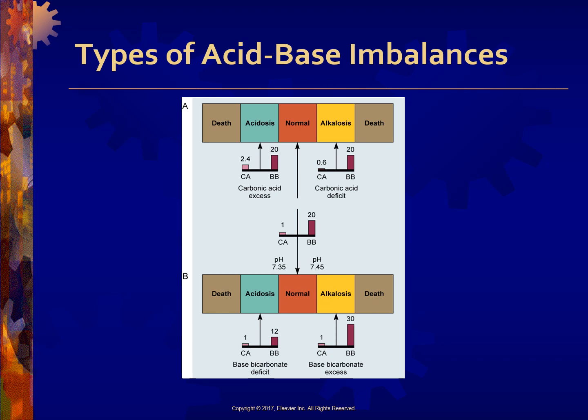Respiratory imbalances are caused by carbonic acid excess, which is acidosis, and carbonic acid deficit, which is alkalosis. Metabolic imbalances caused by bicarbonate deficit are acidosis, and metabolic imbalances caused by bicarbonate excess are metabolic alkalosis.